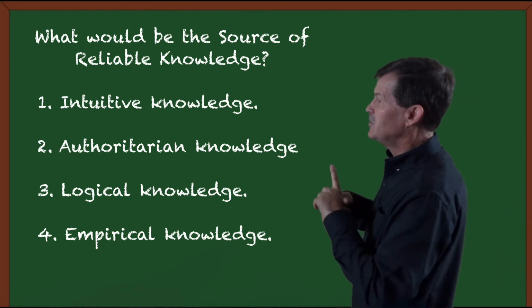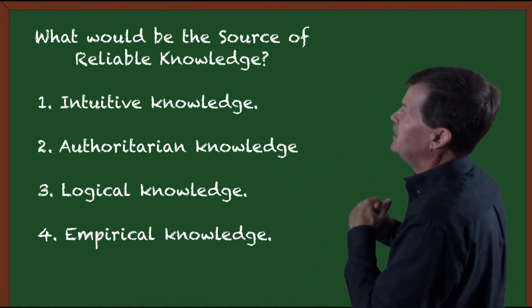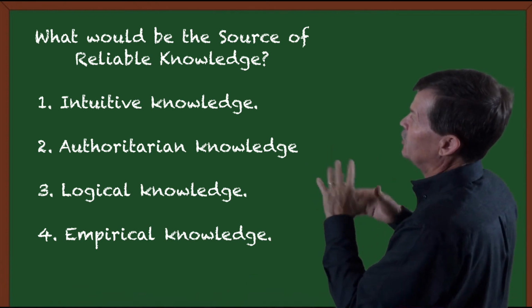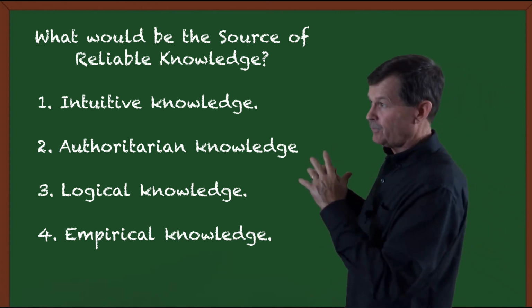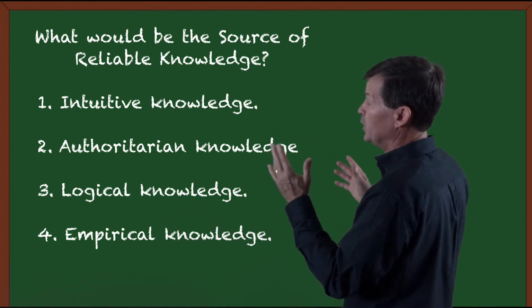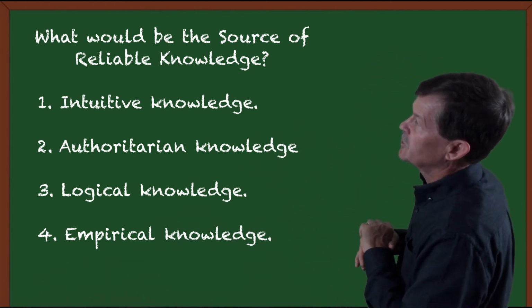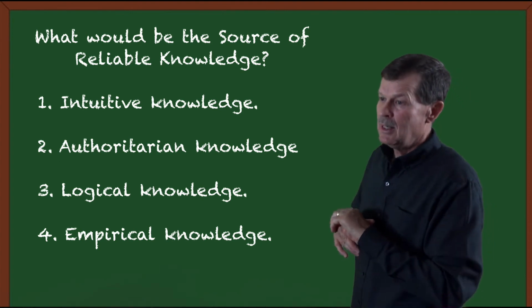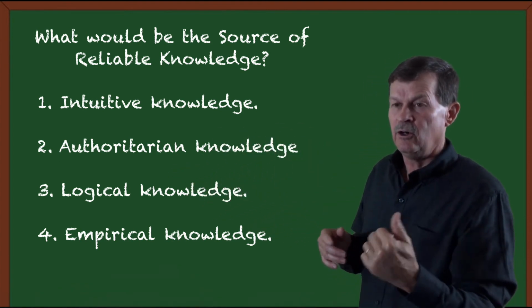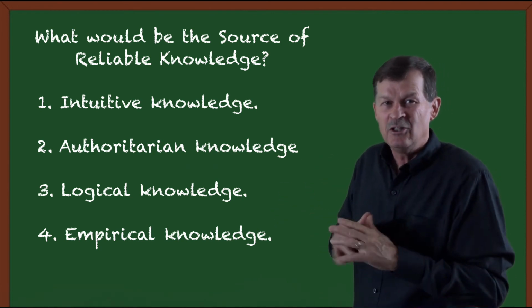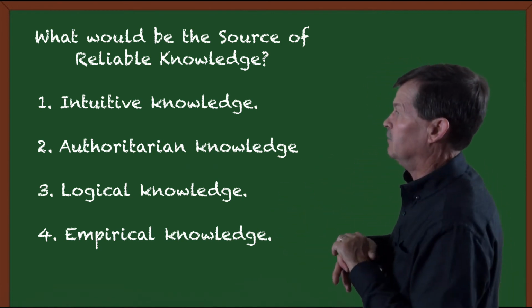So in this case, what would be the reliable source of knowledge for the non-Western mindset? Would that be intuition? And it could be, but being external authority, their intuition being internal is usually not something they rely on.